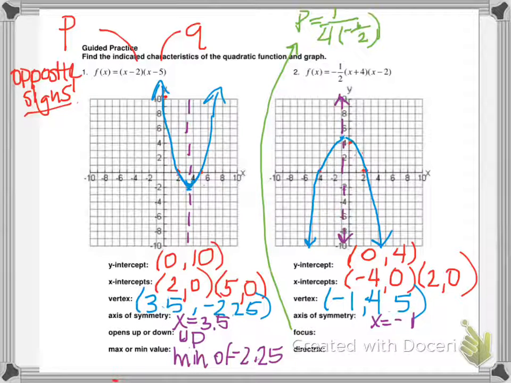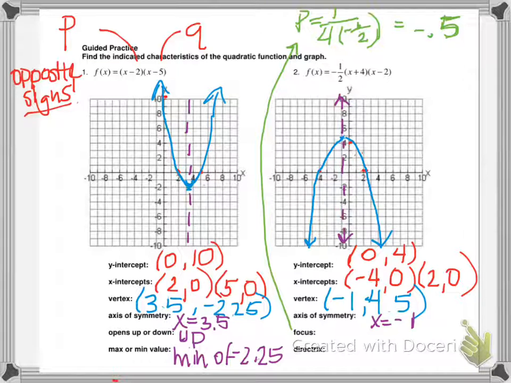I can put it in my calculator just like that, 1 over open parentheses 4 times -1/2, and it will give me -0.5. This is the distance that I count from my vertex to my focus, and my focus will always be on the inside of my graph.